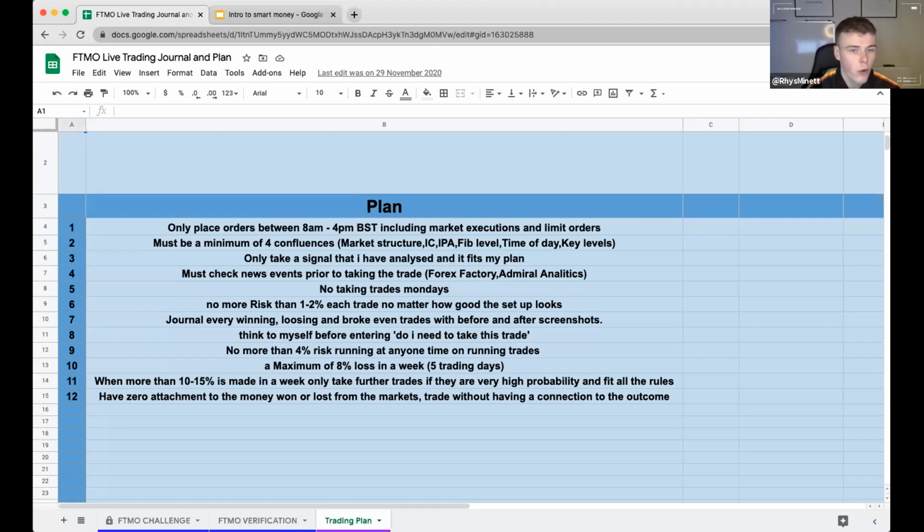Risking no more than 1 to 2% each trade, no matter how good the setup looks. No more than 4% risked at any one time. A maximum of 8% loss in a week. Have zero attachment to the money won or lost. Trade without a connection to the outcome. That's a big key.